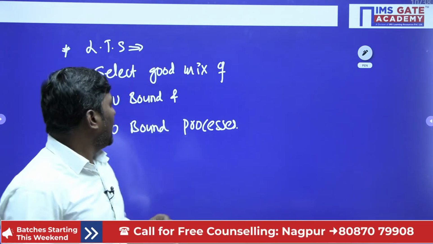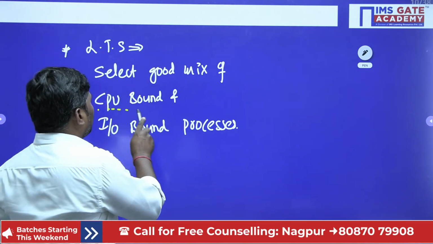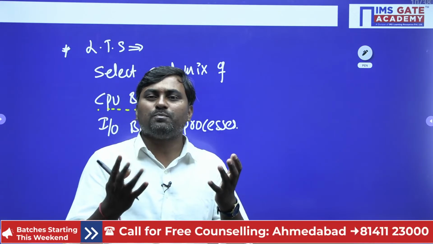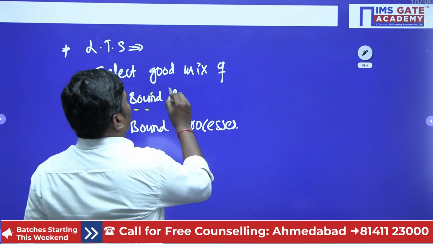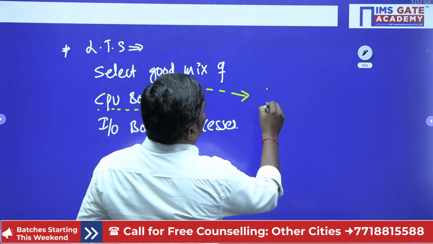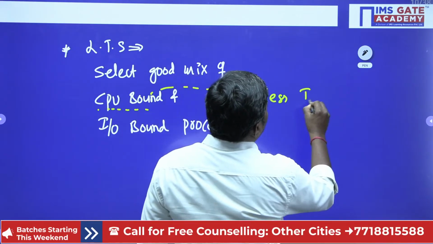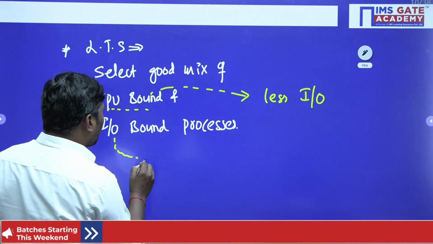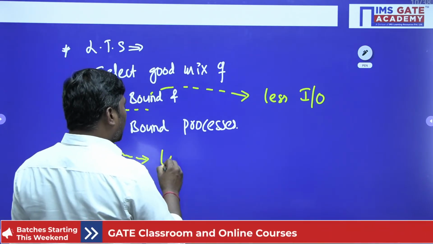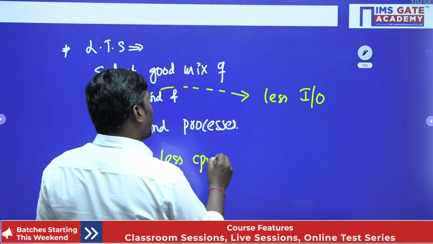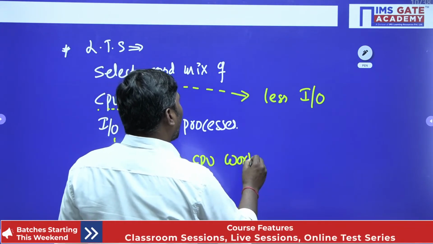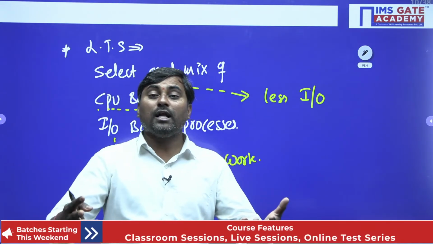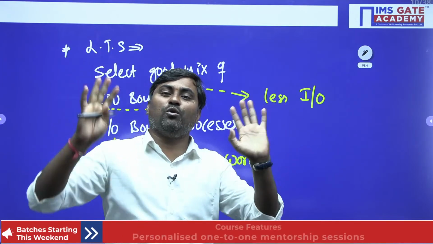Why, sir? If you select only CPU bound processes, what is the meaning of a CPU bound process? A CPU bound process has less IO activity, only CPU activity will be more. And an IO bound process has less CPU work, more IO work. CPU bound means most of the time is spent in the CPU only.